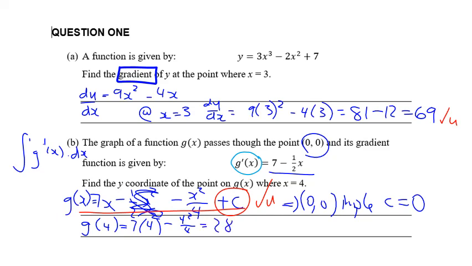That's 28 minus 4, which gives me an answer of 24. And that there was a merit tick. If I had done that, indicates that c equals 0 and the 24. So those are the two things I needed for a merit tick.